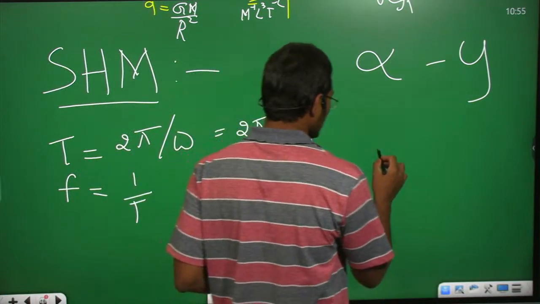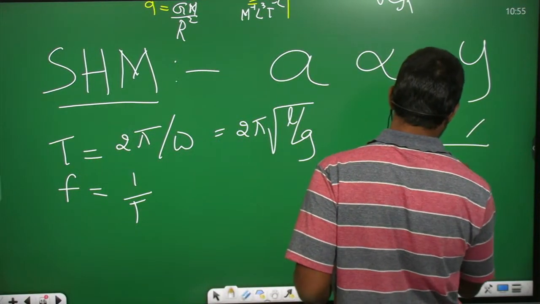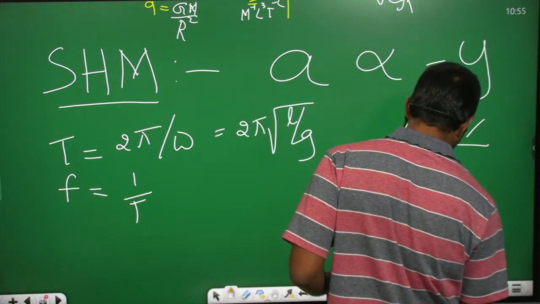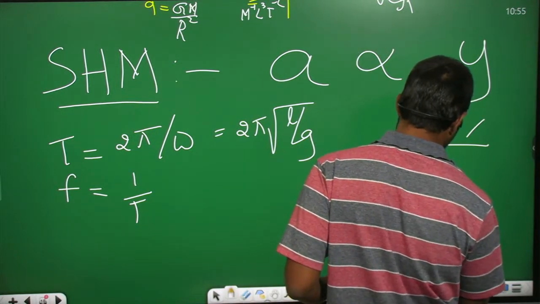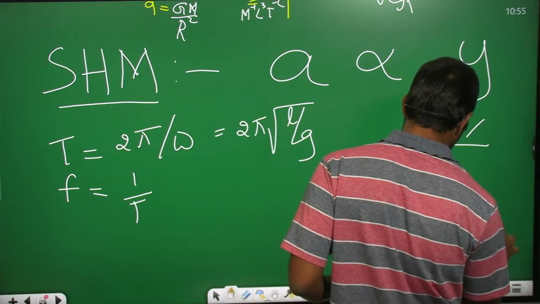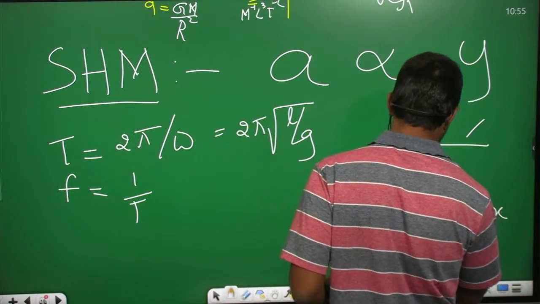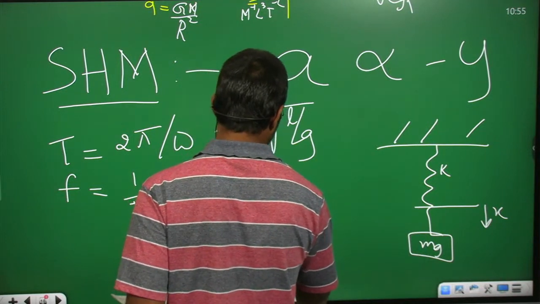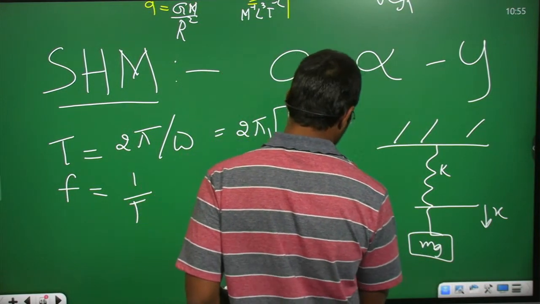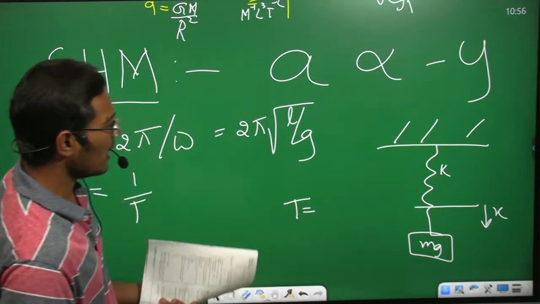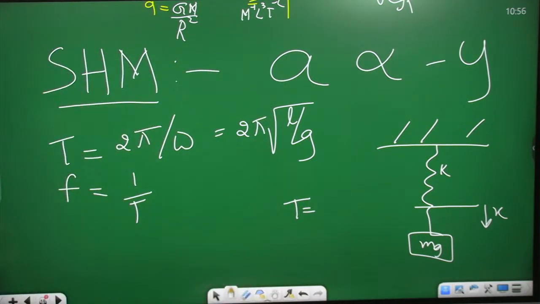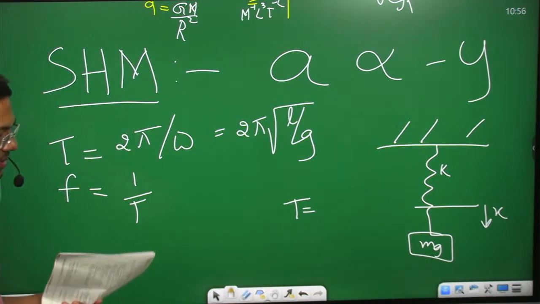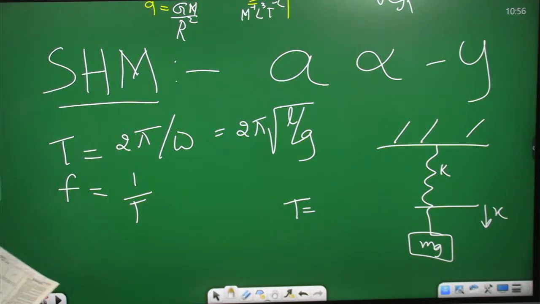See, let us consider a basic example. So what is the time period here? Try to write the time period for a mass m displaced through a displacement x, whose spring constant is k.